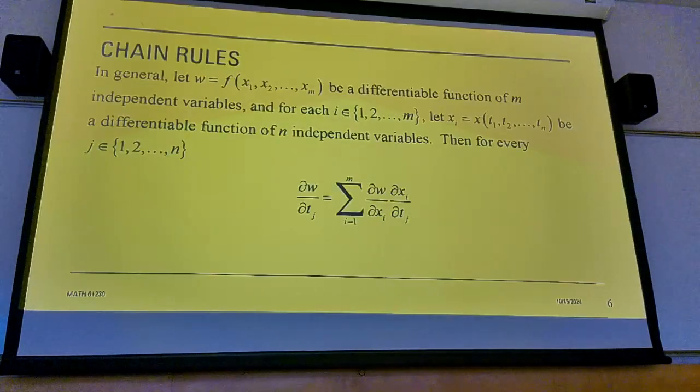But again, you could just substitute each of your functions in for your independent variables and then use partial derivatives as normal.